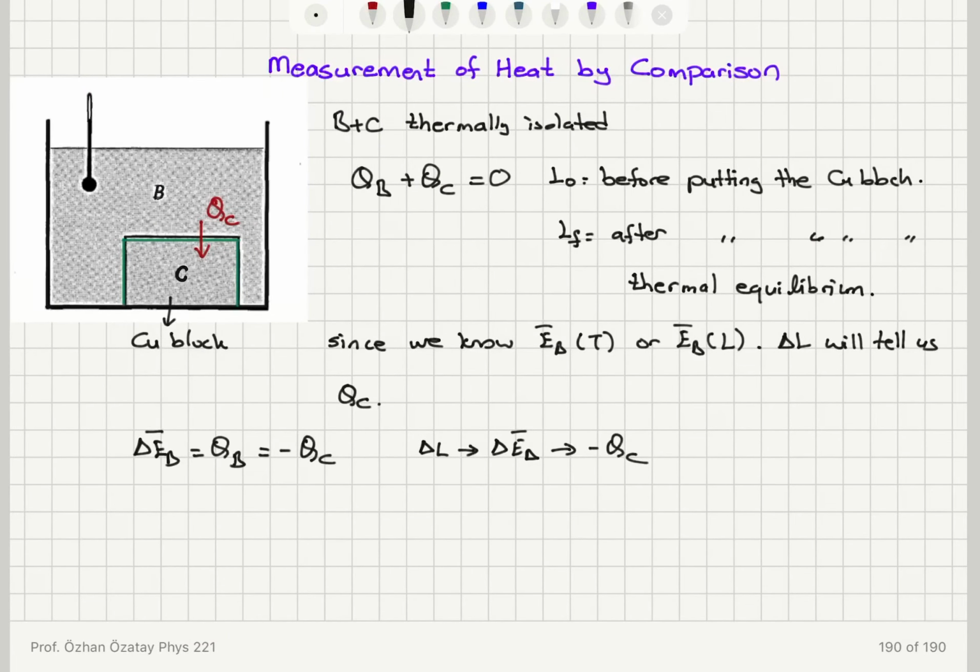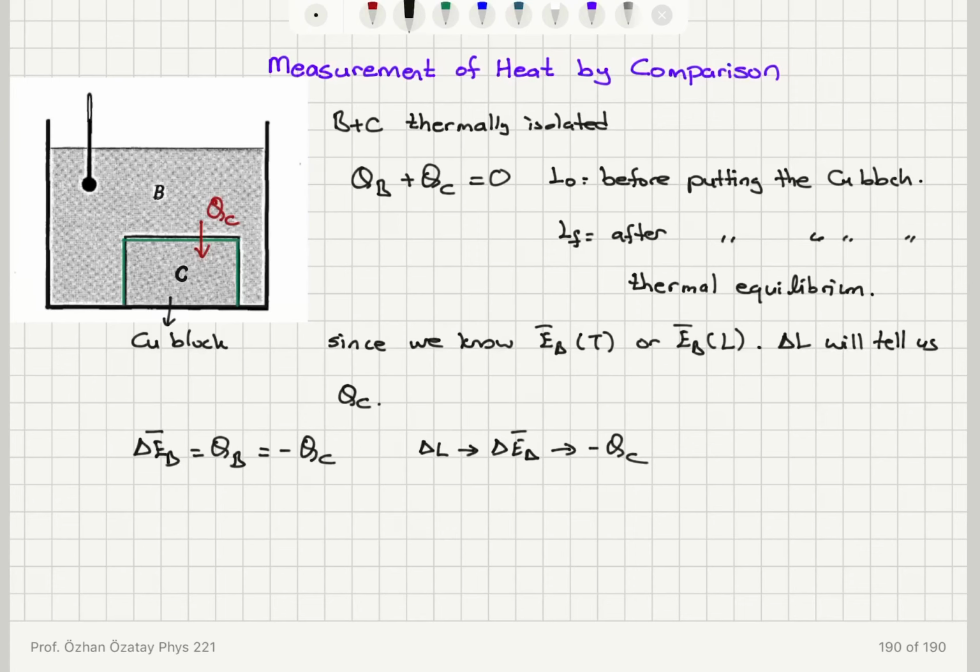And similarly, we can do measurement of heat by comparison. If we have a situation where we reach thermal equilibrium with water and a thermometer, we can have an initial reading, and then if we insert a copper block inside and wait for thermal equilibrium, we have another reading, our final reading.